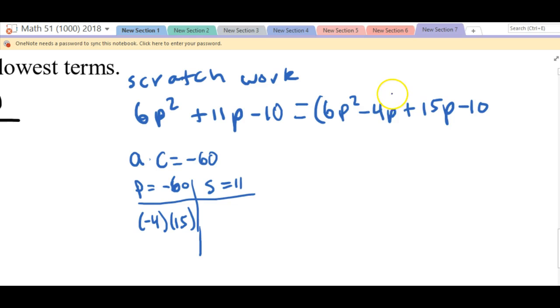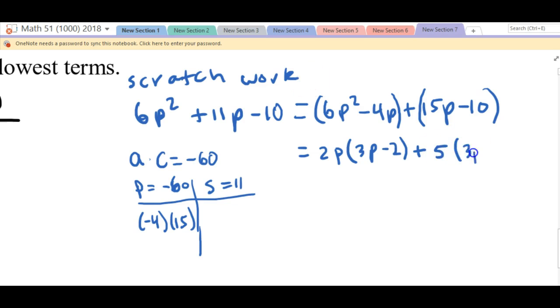Since the third term is positive, I can group right away. Out of the first group, what can I factor out? 2p. So if we factor out a 2p, we get 3p minus 2. Out of the second group, we can factor out 5, leaving 3p minus 2.